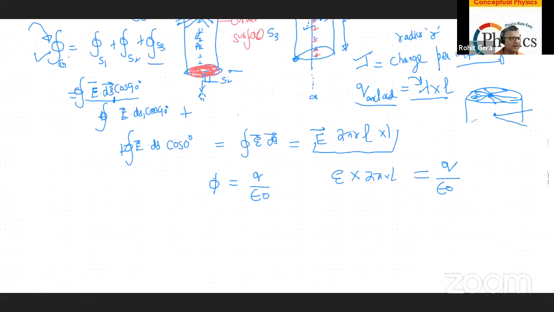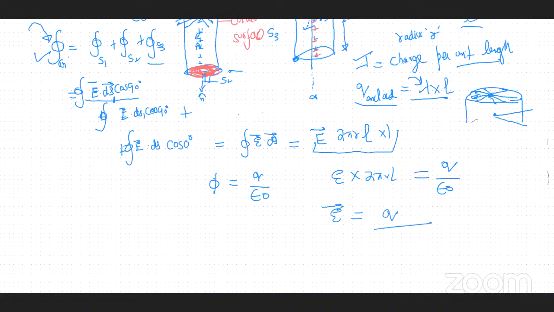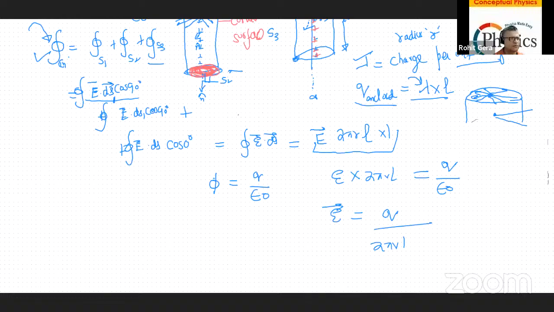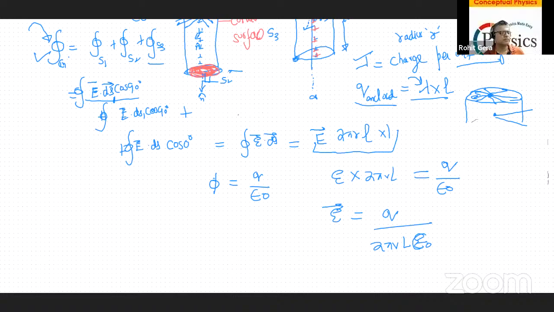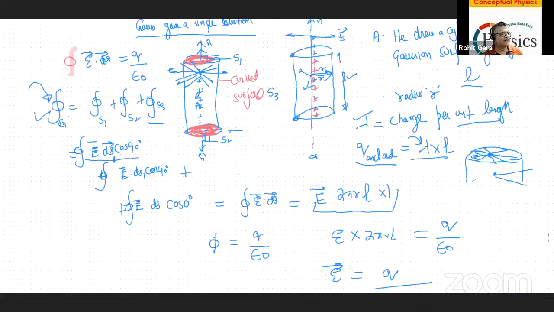And therefore the electric field comes out to be lambda by 2 pi epsilon naught R.